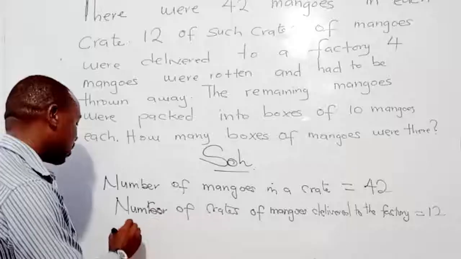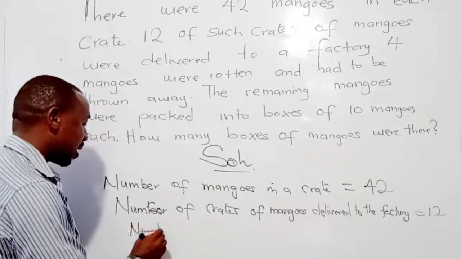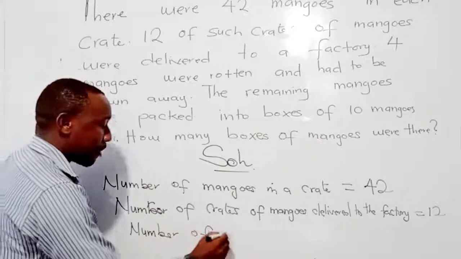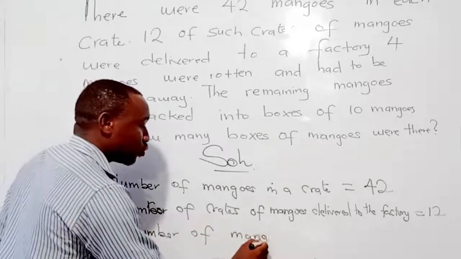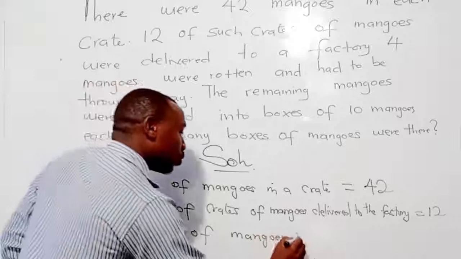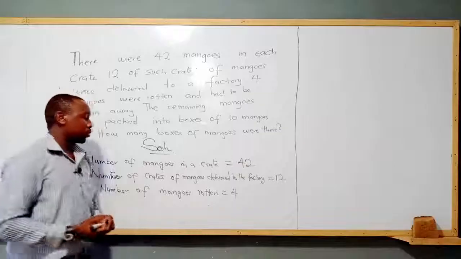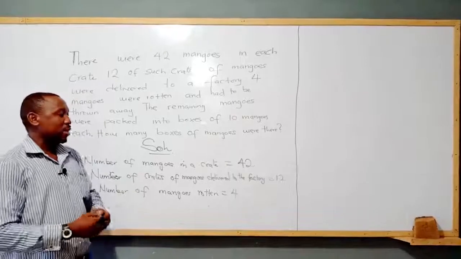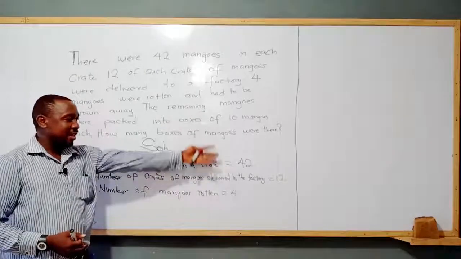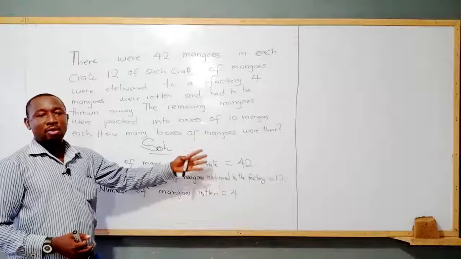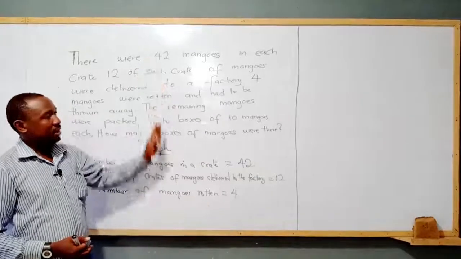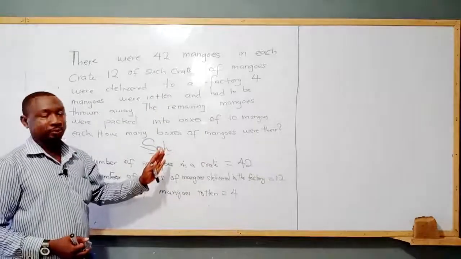So, number of mangoes rotten is equal to 4. So, these points we are establishing in effect are summarizing the question itself.